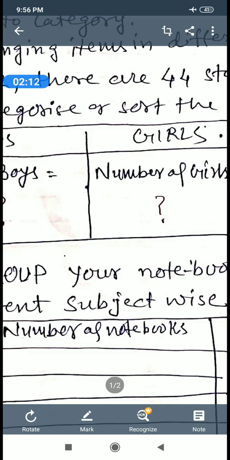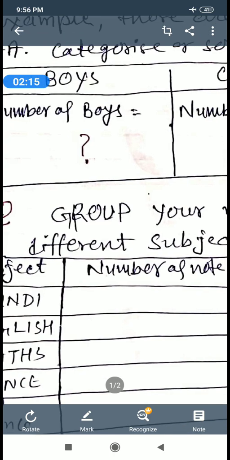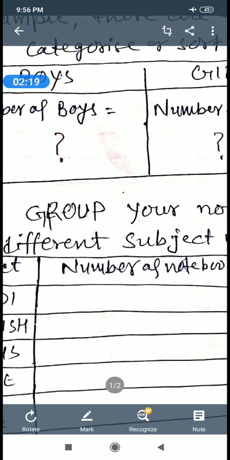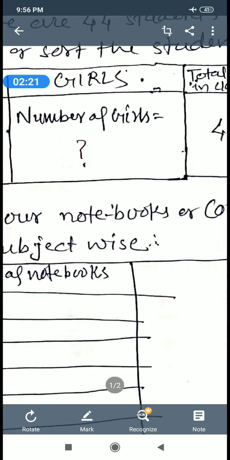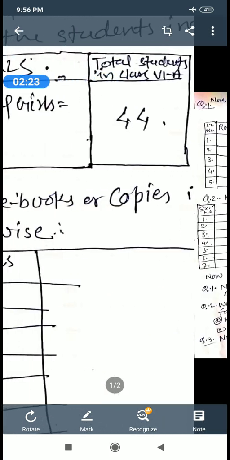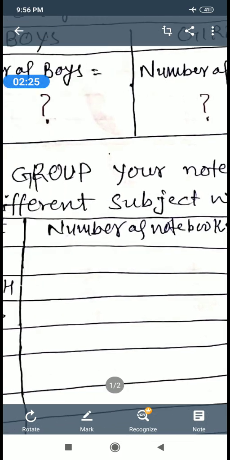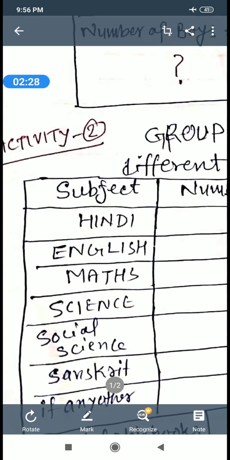After copying the material, the second activity for you is to group your notebooks or copies into different subjects.